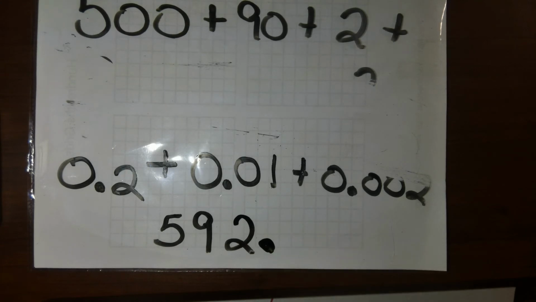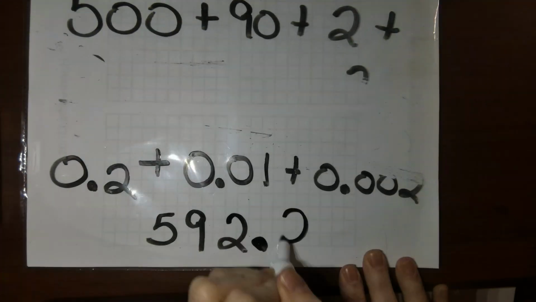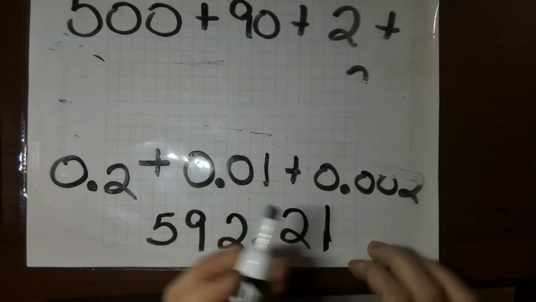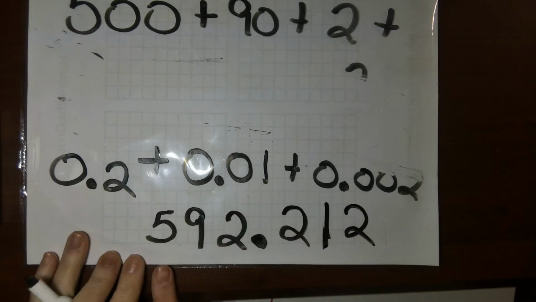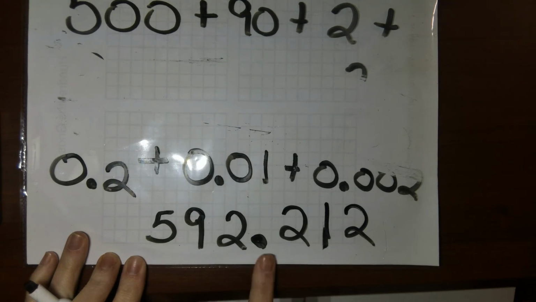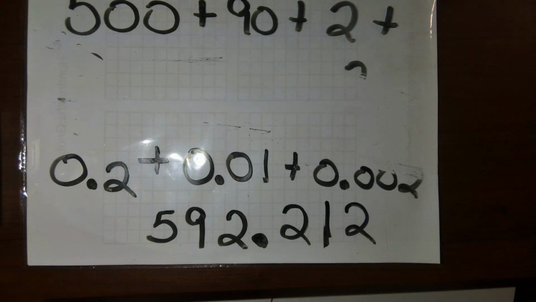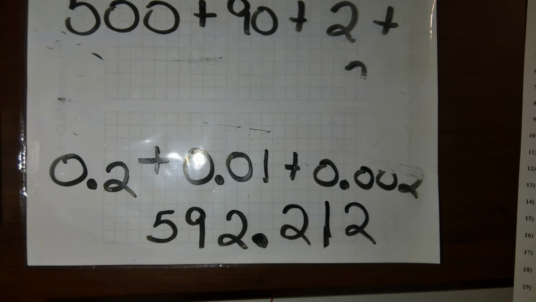Always, always, always. 2 is in the tenths. 1 is in the hundredths. 2 is in the thousandths. So this number reads, read it with me, you guys, 592 and 212 thousandths. Exactly.